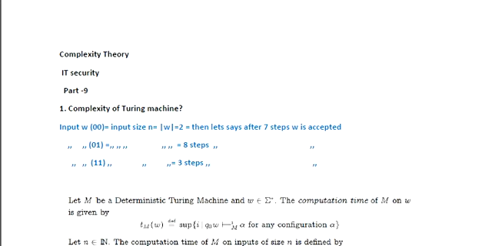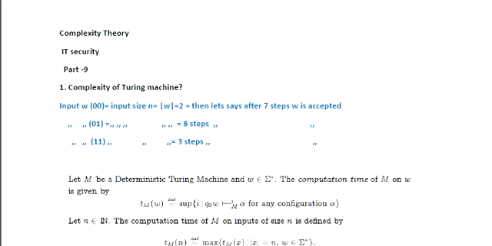Then the computational time of M on W is given by T_M(W), defined as the supremum of i, such that we give W at the initial state, and after i many steps it will give us alpha, for arbitrary configuration alpha.